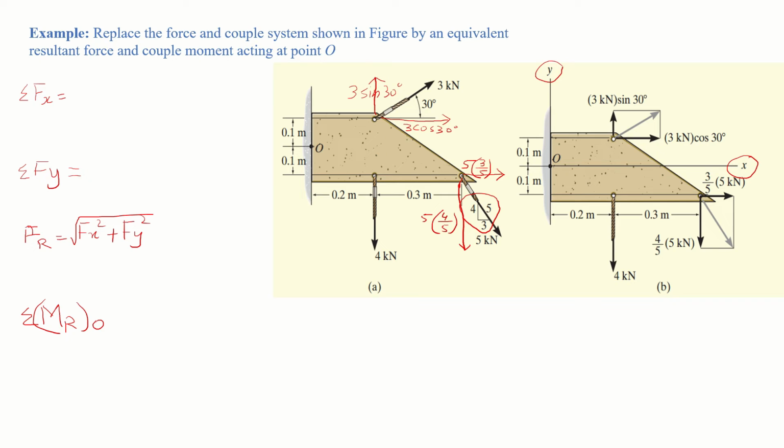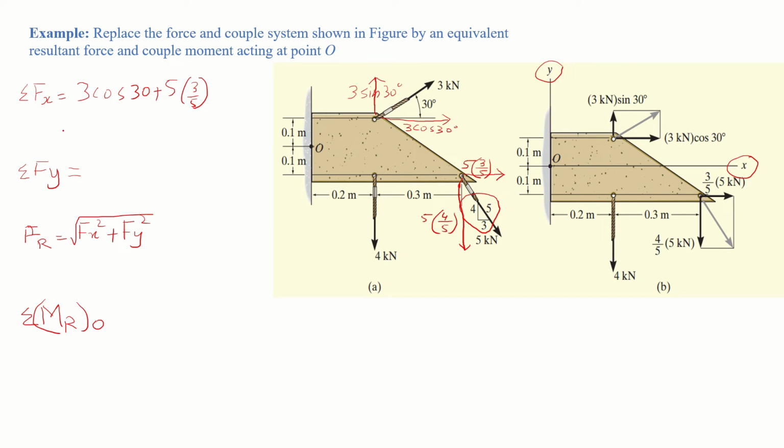Now we write it here. First one is 3 cos 30 plus 5 times 3 by 5.